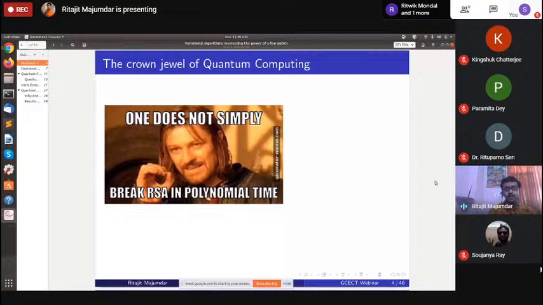You can multiply two big numbers with some difficulty, fine. But if I give you a really big odd number and ask you to find its prime factorization, this is a much more difficult task. Not only for a human, but it is a difficult task also for a computer. So RSA relies on this computational hardness.